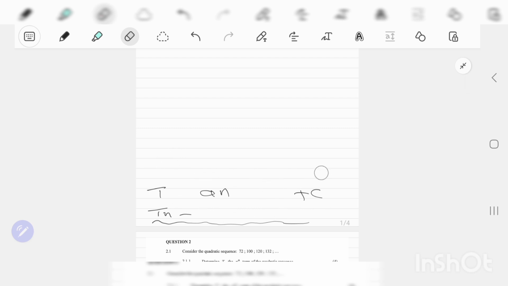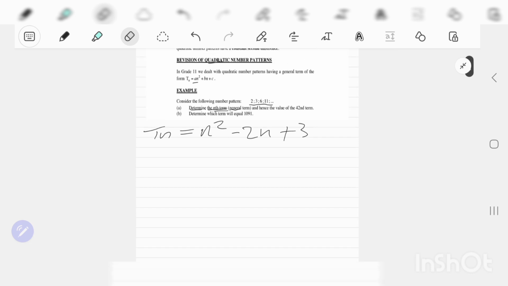I've copied it correctly just to use this space. Now they've asked us, because they said hence, meaning if they say hence, it's a follow-up question, meaning you have to use the information that you last found. In this case, our last information was the general term of this sequence. So what are they looking for? They are looking for T45.